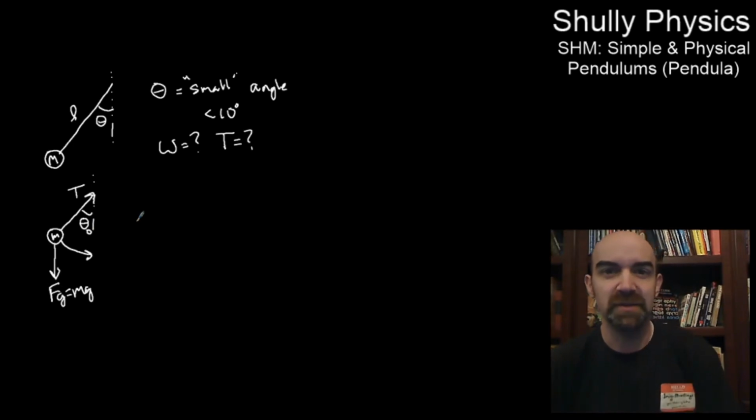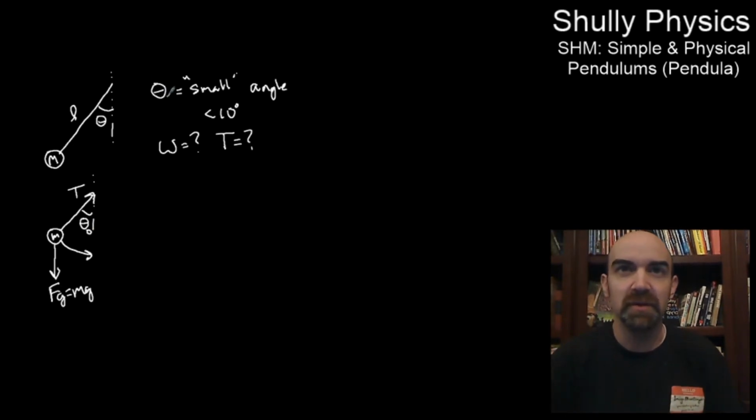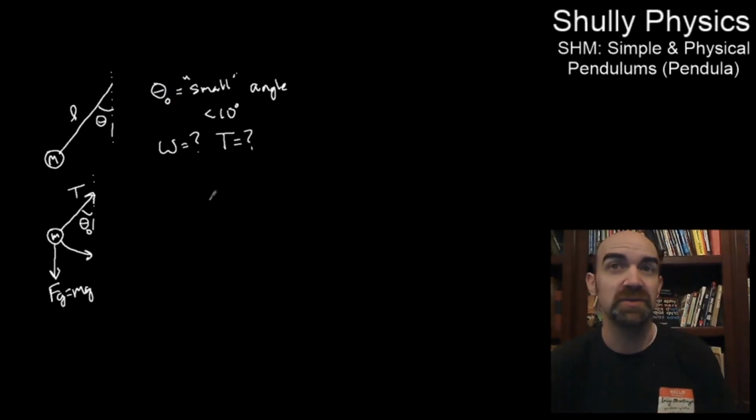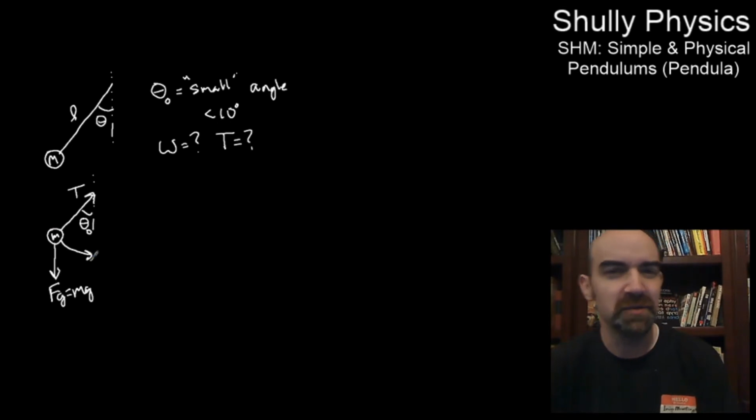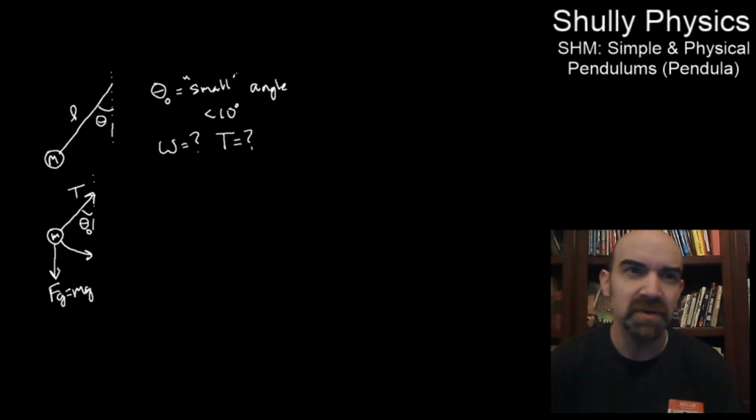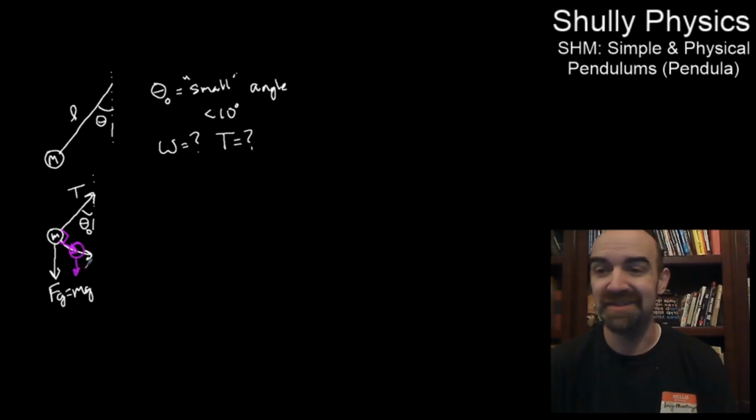That's going to be the starting point, and we're going to use an initial small angle there. Then it's going to rotate this way. Now it's going to rotate from gravity, but take note here: gravity does not pull perpendicular to that swinging radius. It pulls downward always. Even when the mass is here, gravity is pulling downward.